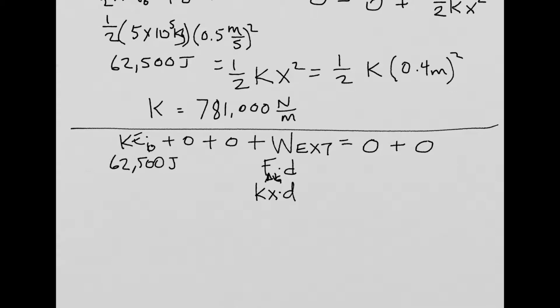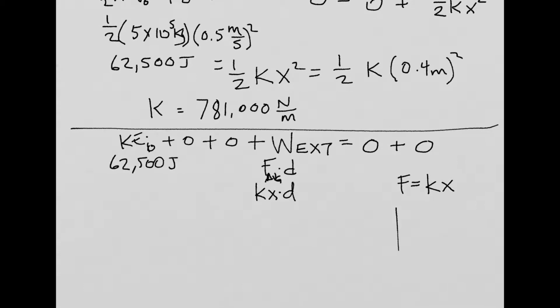What am I talking about here? When the spring is at its rest position, it creates no force. As it's compressed, the force increases because F equals kx. At its maximum compression, it creates the maximum force. At 0.4 meters, that would be its biggest force. But its average force is half of that.